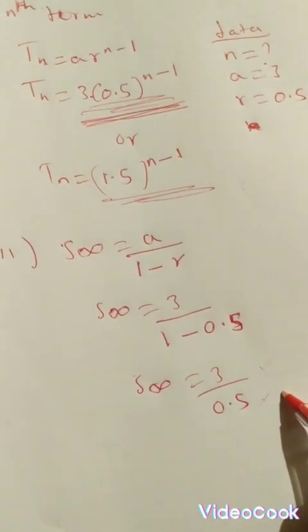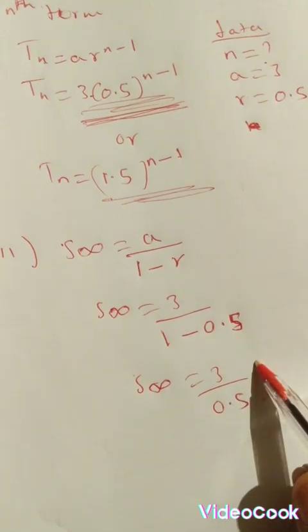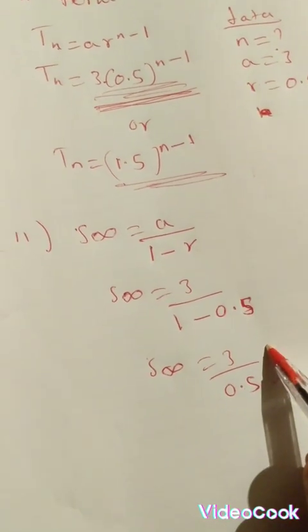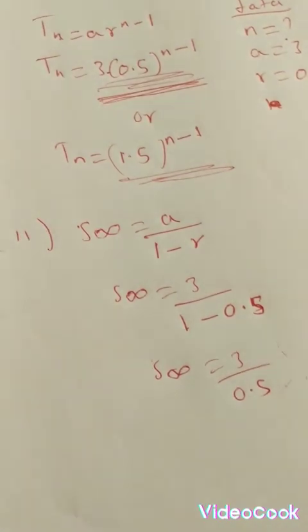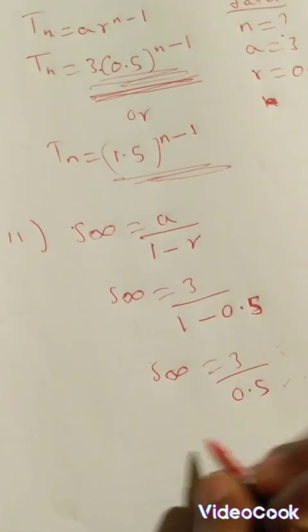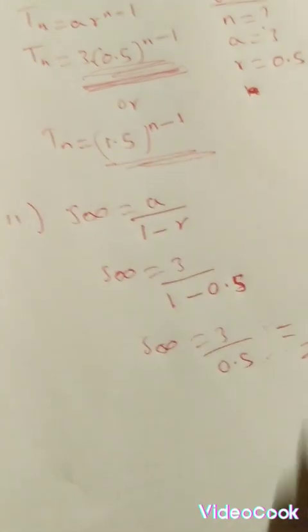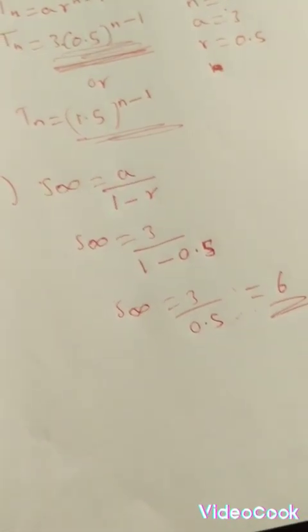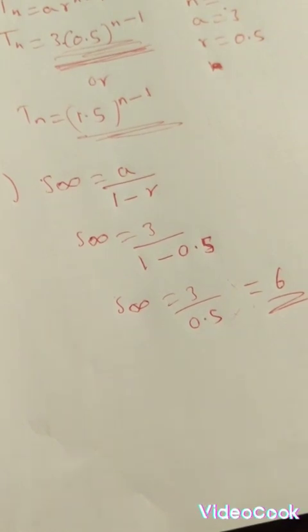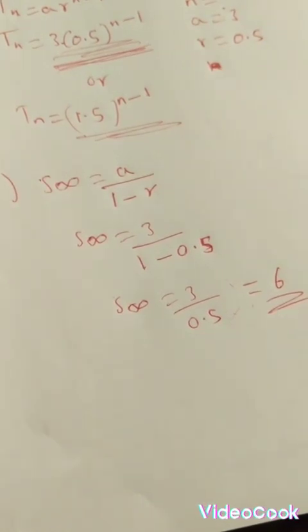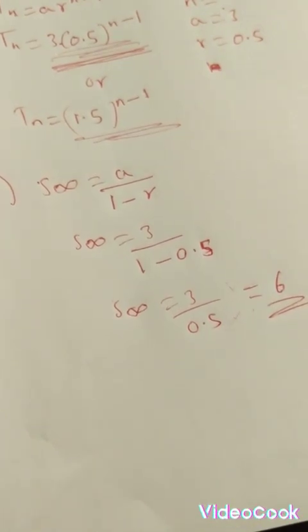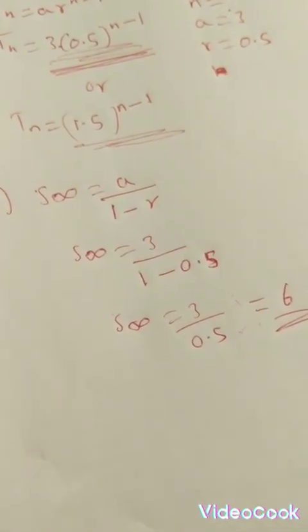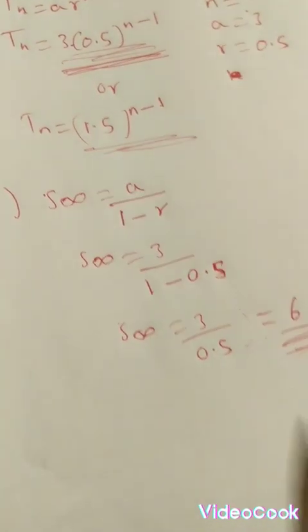Since we have a decimal here, we can multiply by 10 and find 30 over 5. When you divide with your calculator, 3 divided by 0.5, you're going to find that the answer is 6.